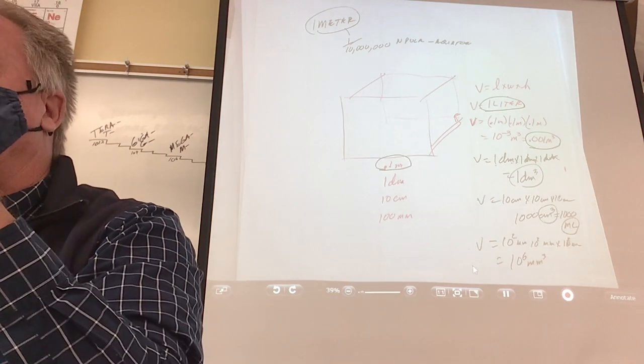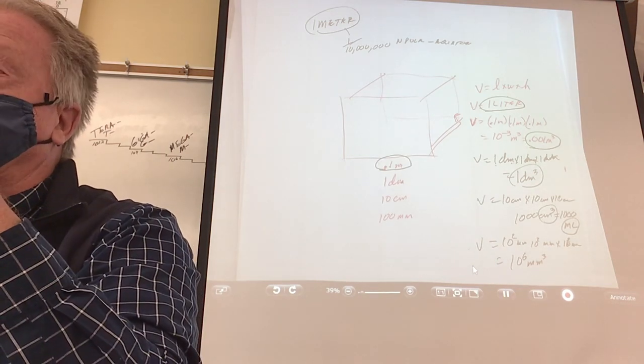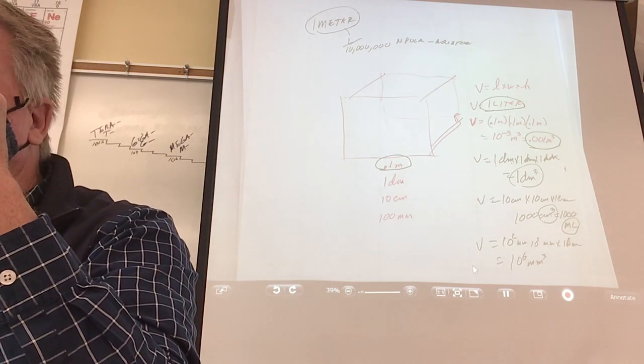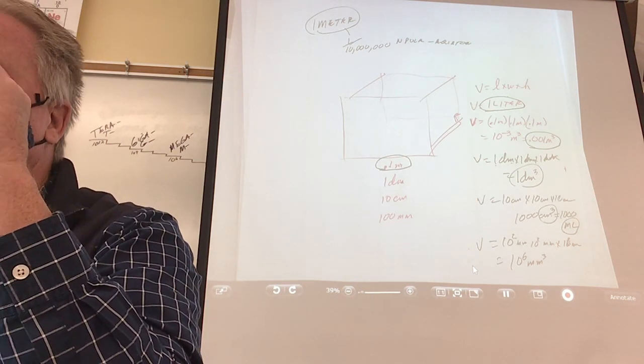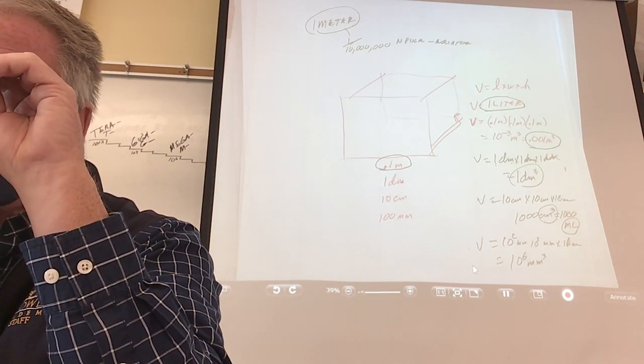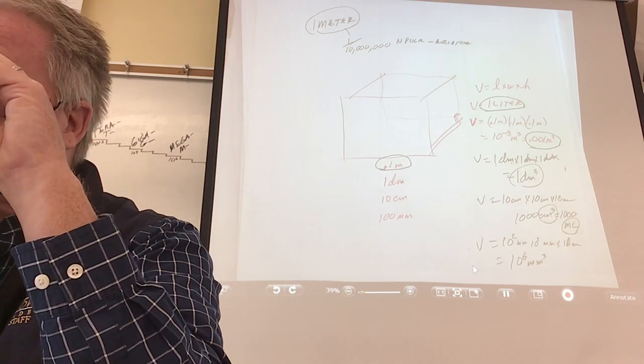Luckily, they did not send me 1,000 cubic millimeters. They're really small, aren't they? But you know how many cubic millimeters would fit in here?